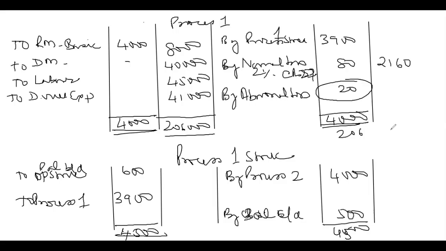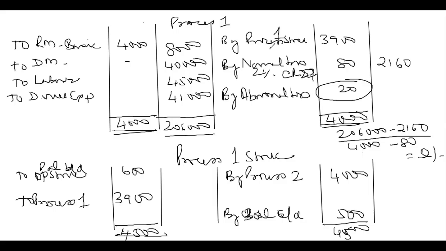2,06,000 minus 2160 divided by 4,000 minus scrap quantity 80. So how much is it coming to? 52.